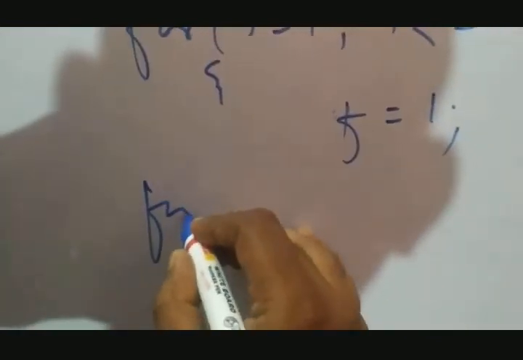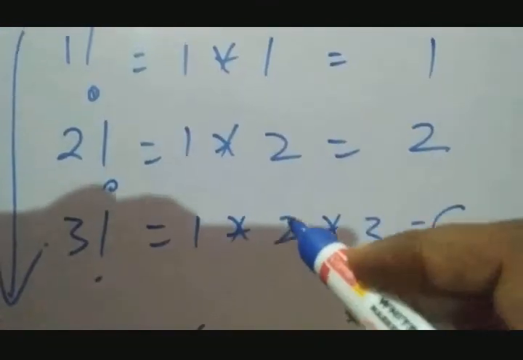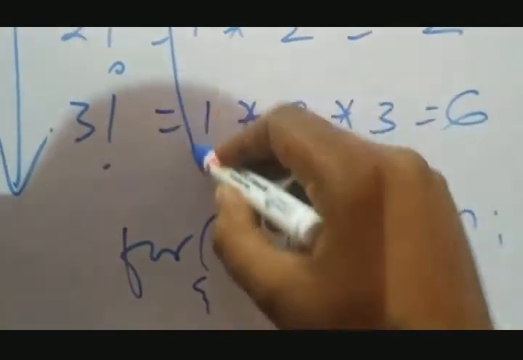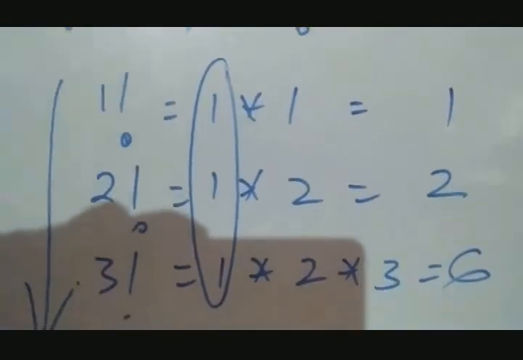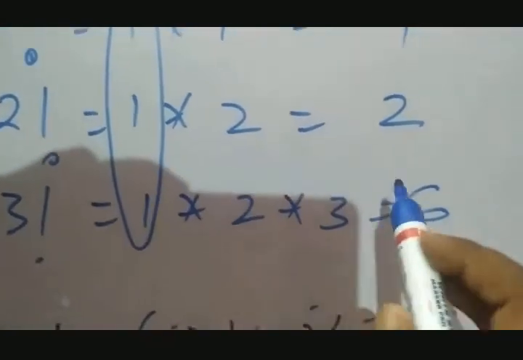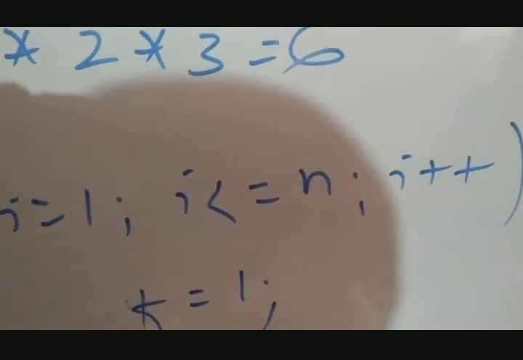Then a j loop, as I stated, must be used for finding the factorial. The factorial always begins with 1, so j always begins with 1. It is increasing, that is j plus plus.